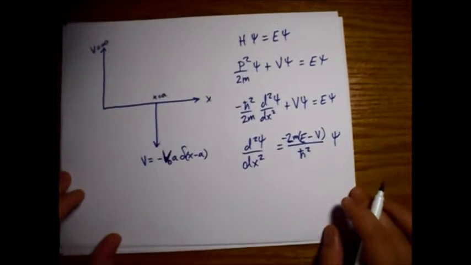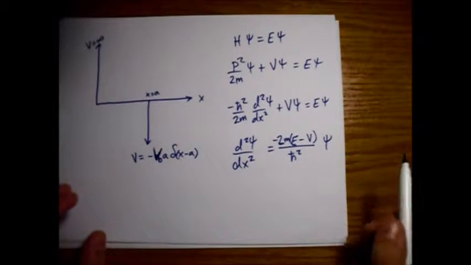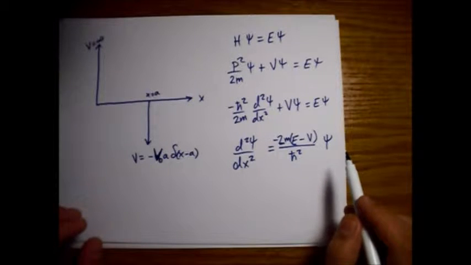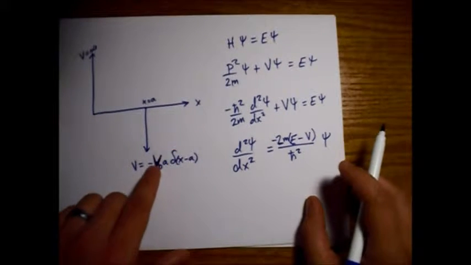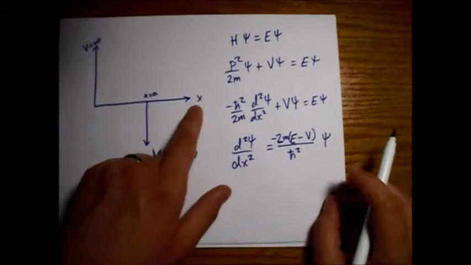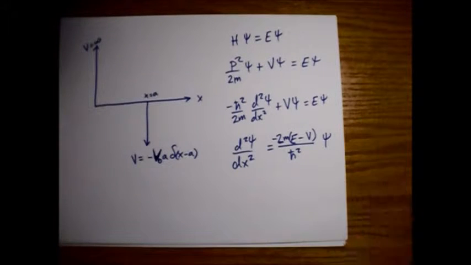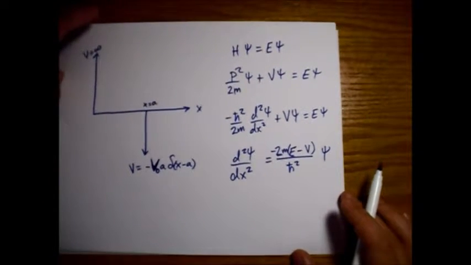We're going to be looking at a bound state, right? So that tells us that our energy is less than 0, basically negative.